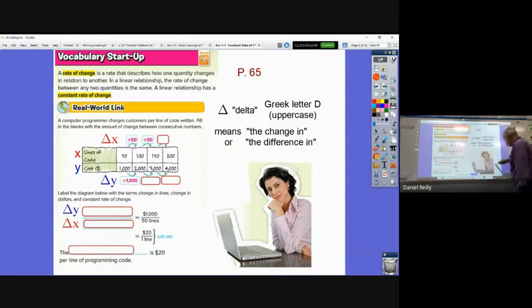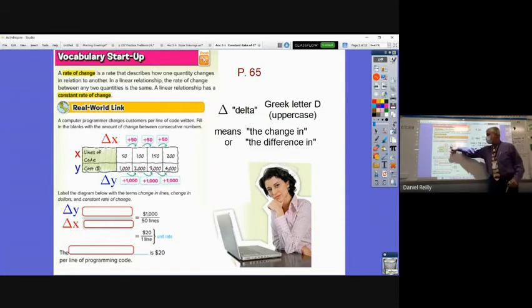She writes 50 more lines of code, and the amount of money she makes goes up by 1,000. Okay, so this is calculating the change from one step in the table to the next. If you can't do these in your head, it's a subtraction, right? It's 100 minus 50, 150 minus 100. Typically, they're ones you can easily do in your head.